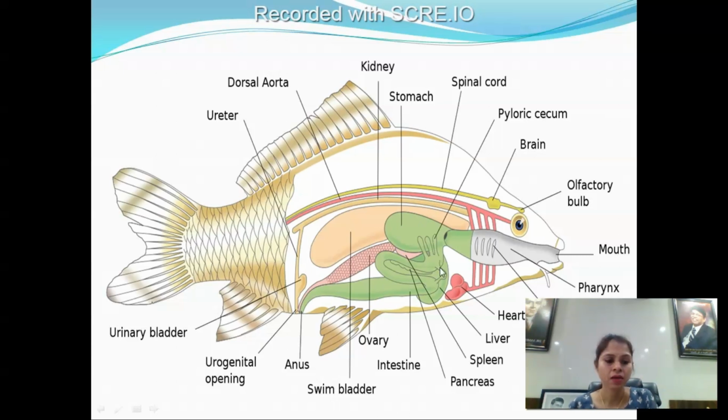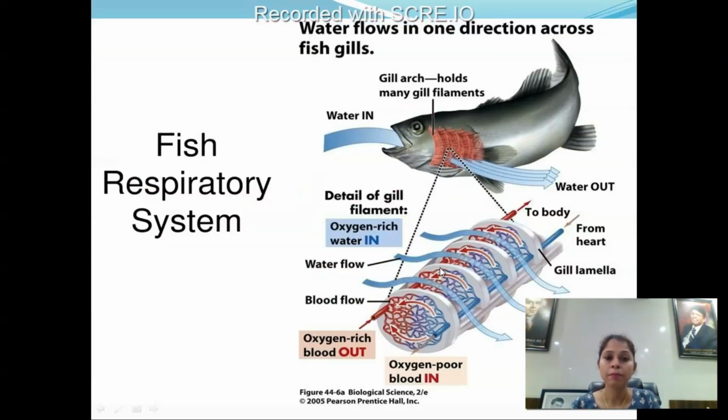So we can see how the fishes breathe. Fishes take in water, but the important thing is that the oxygen is not in the free form; it is mixed in water. So these gill arches are very advanced. Oxygen-rich blood goes inside, oxygen is released, and oxygen-poor blood is thrown away.